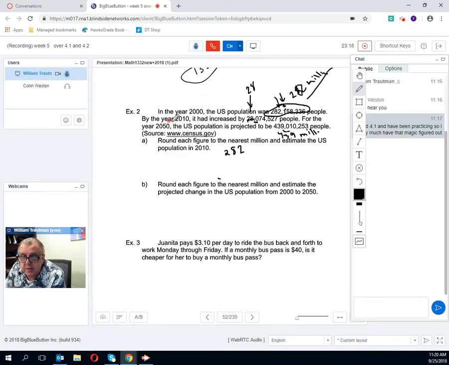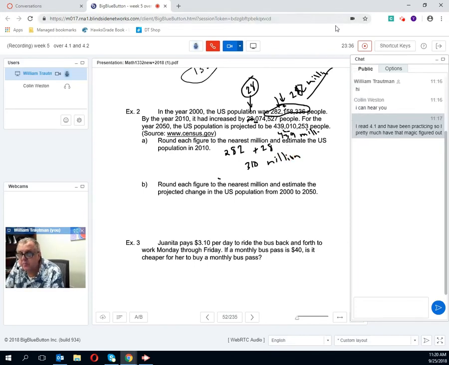But it said by 2010, the population increased by 28 million. So 282 plus 28 is 310 million. So that's our population in 2010.